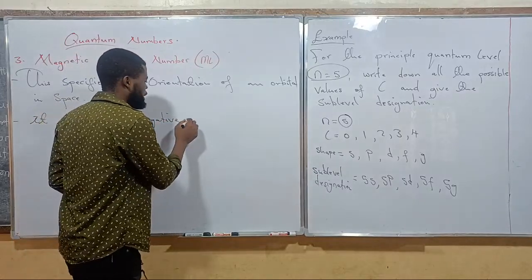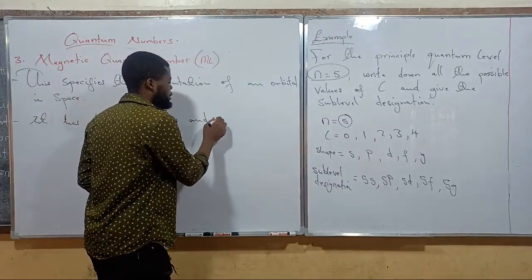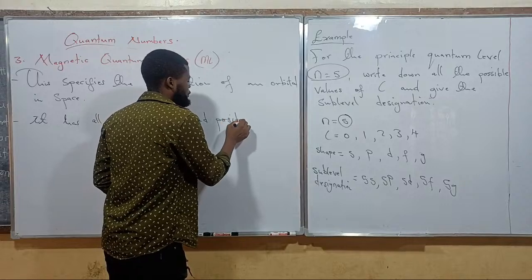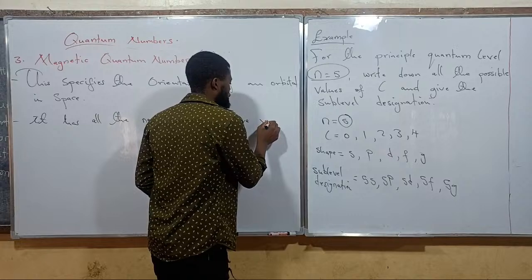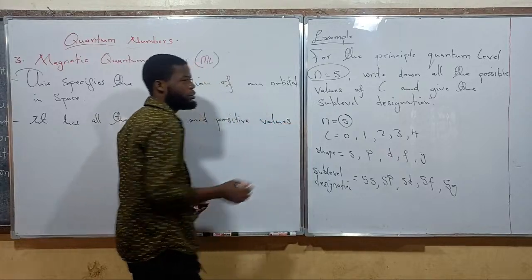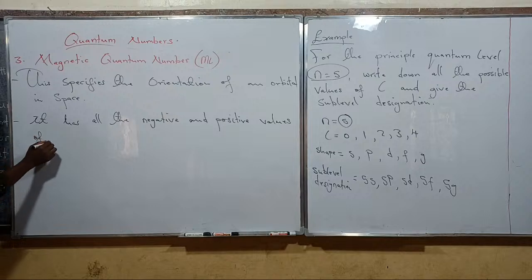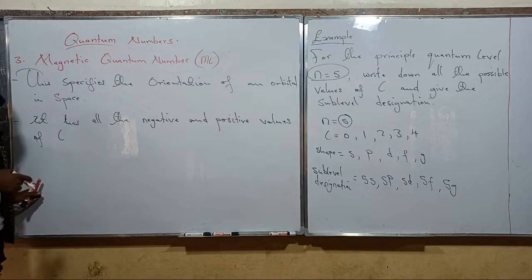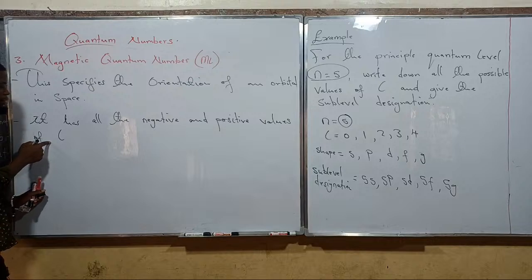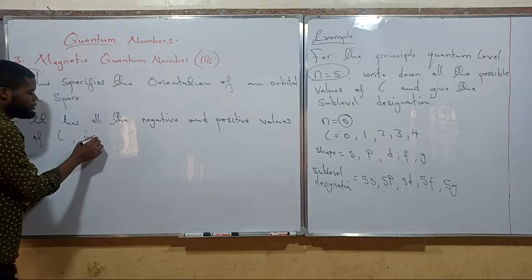L in this case represents the angular momentum quantum number. So it has all the positive and negative values of L, including 0.